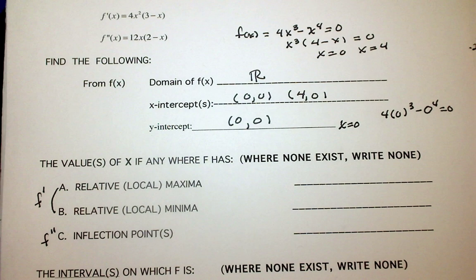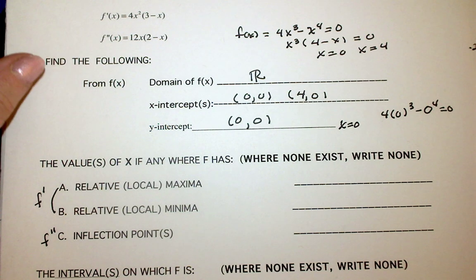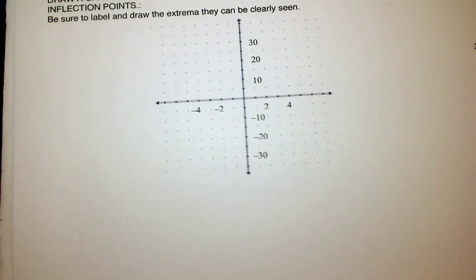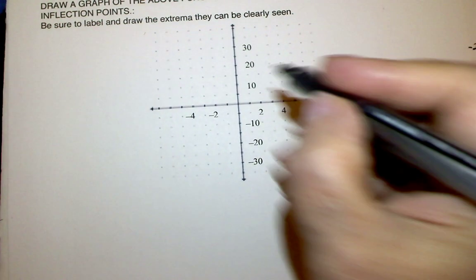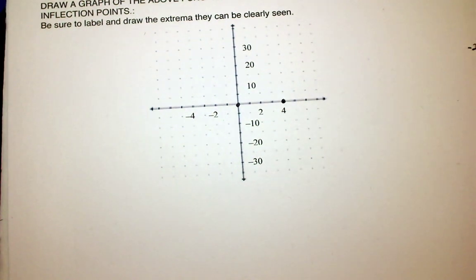So I'm going to work separately on these problems and then move my information over. So what do I already know? I know I have (0, 0) and (4, 0). That's the only thing I do know.